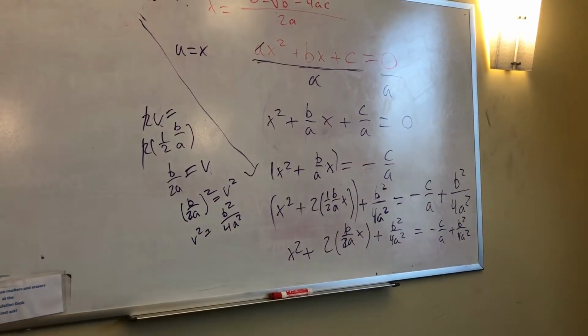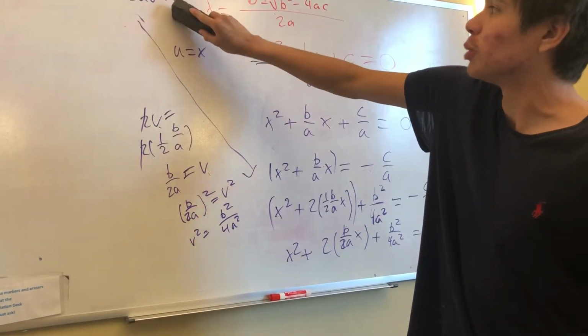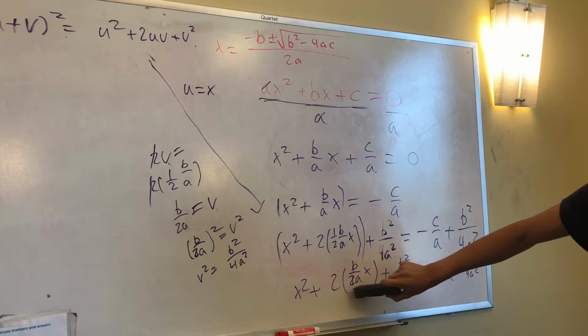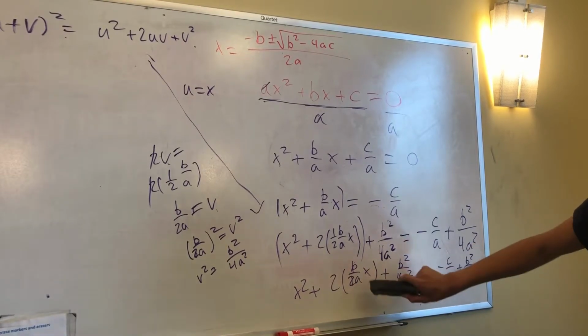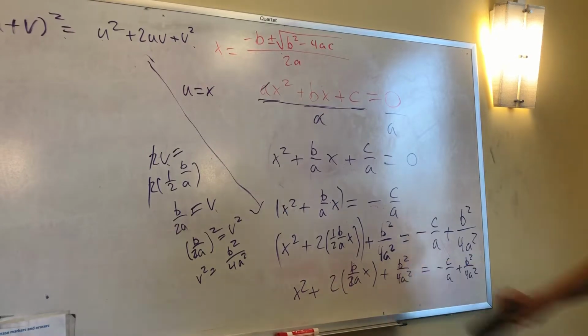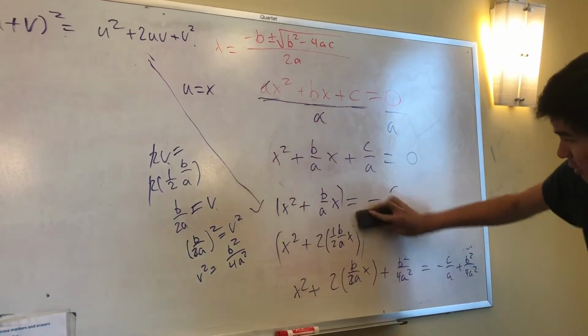But hey, look here. Now we have our u squared plus 2uv plus v squared. This is our u squared. This is our 2 times u times v. And this is our v squared right here. So now, let's move everything back atop.